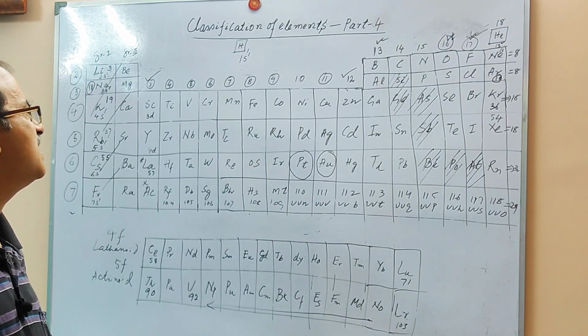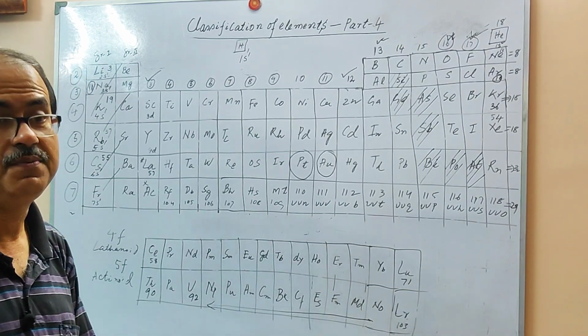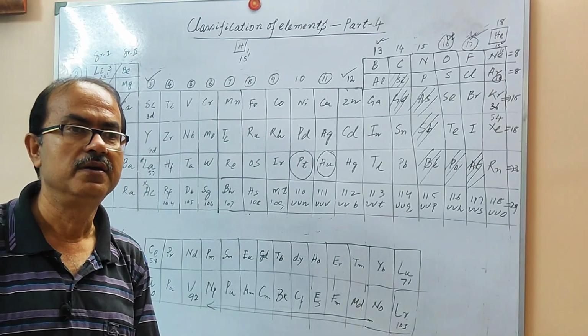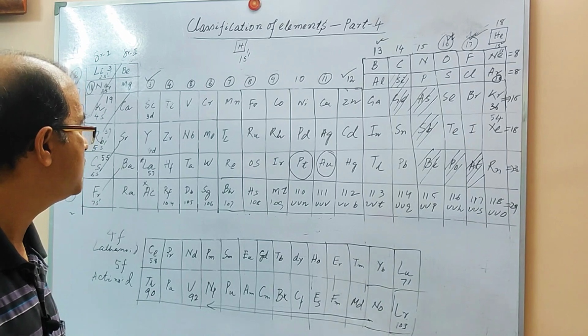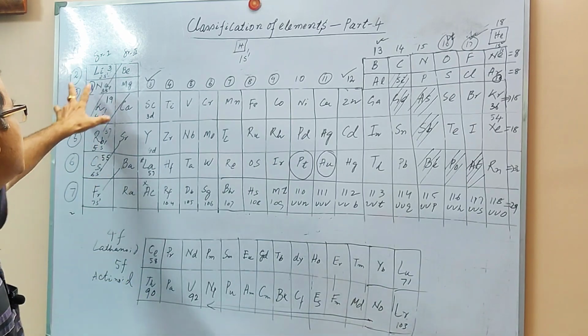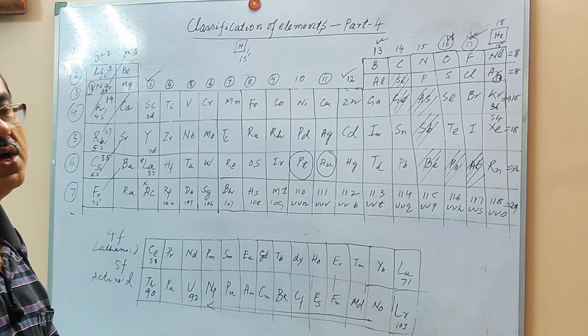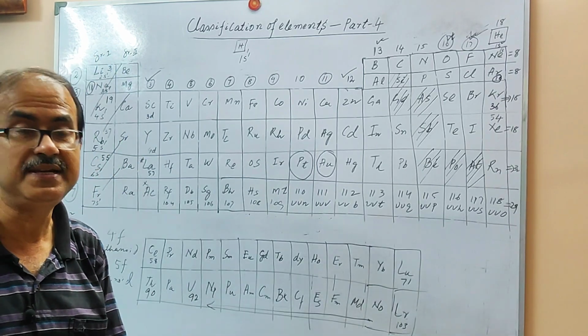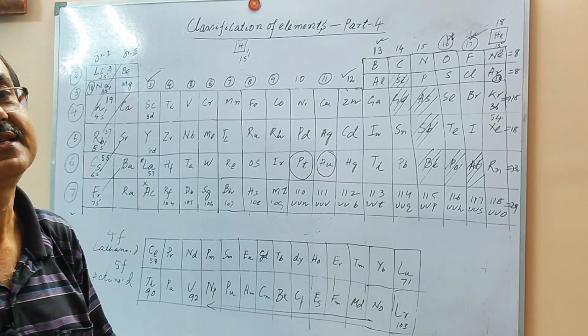Apart from this, these elements can be further subdivided into the blocks: S block, P block, D block and F block. S block elements are those elements in group number 1 and 2. This is called the S block because the last electron enters the S subshell.